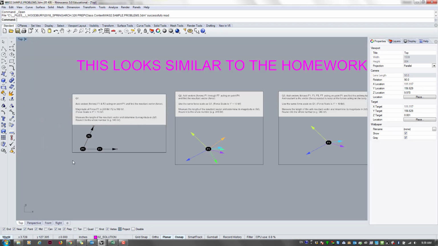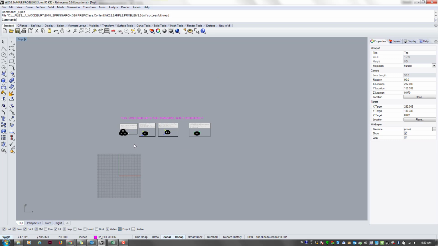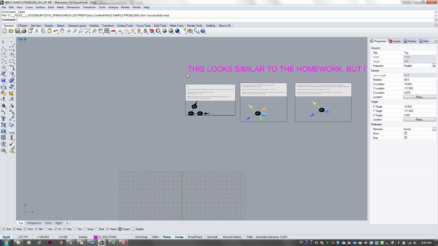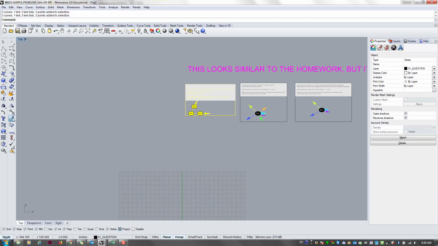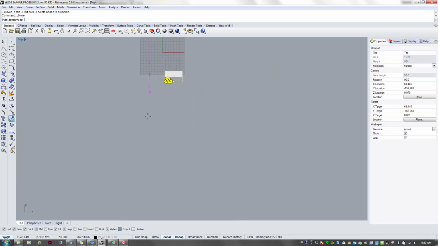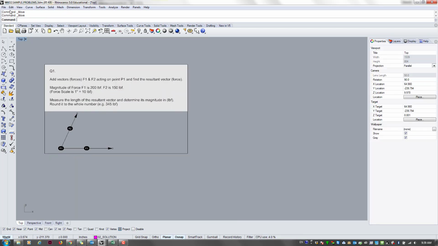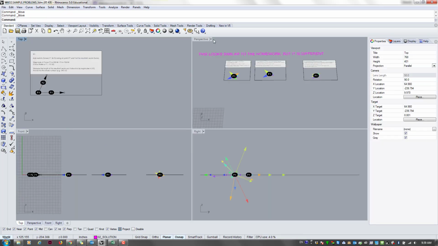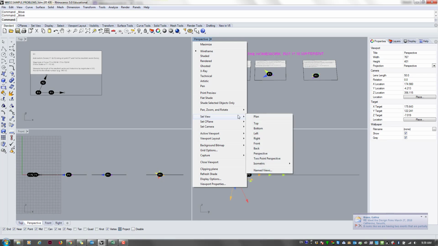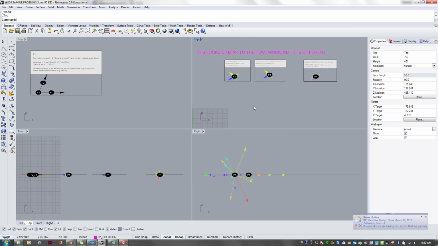If you're not worried about the battery, you can open this file, but for the sake of demonstration, let me turn this to a top view too.